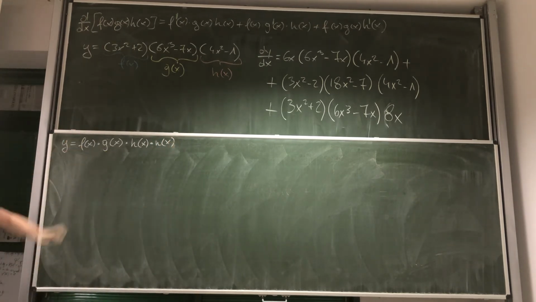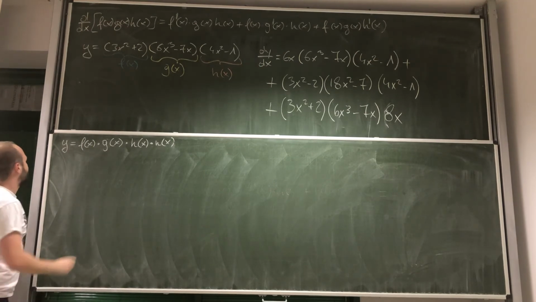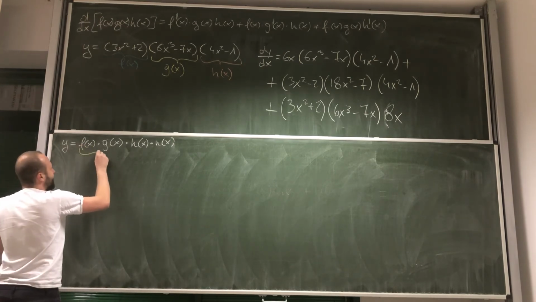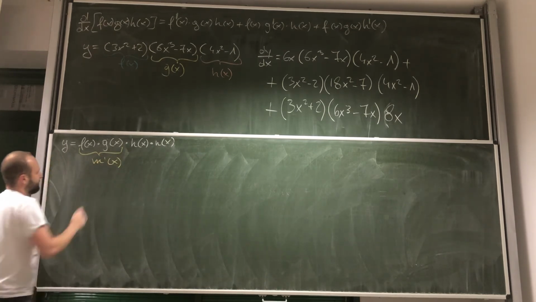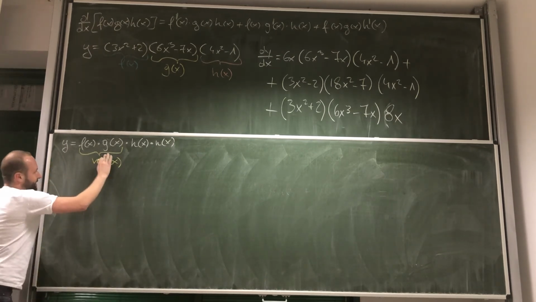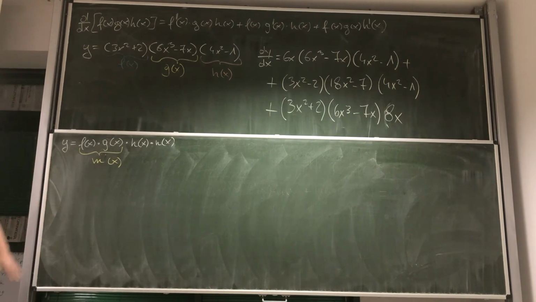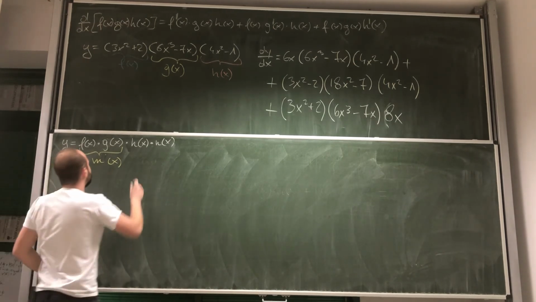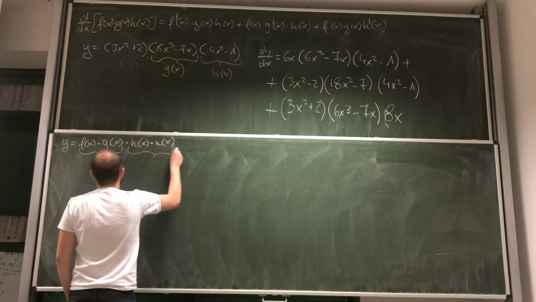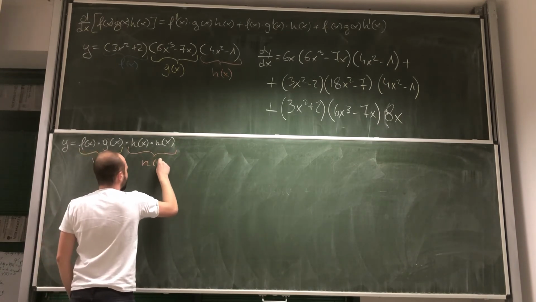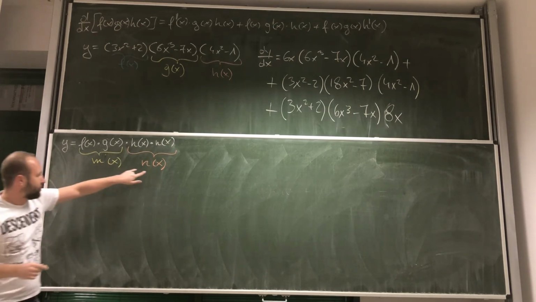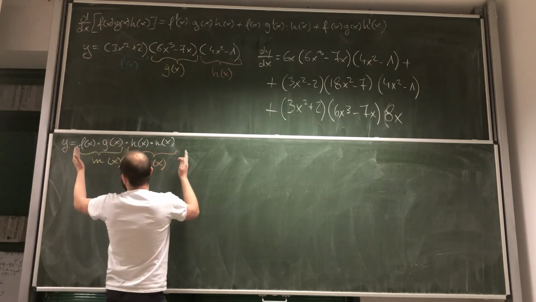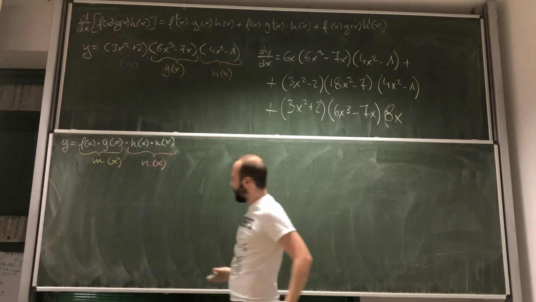Look, what could I do over here? I could, in the first step, say that this is m of x, the first function. Then I could say that this is n of x. Then what would I do? I would calculate those two, and I would calculate the derivative of this using the product rule.